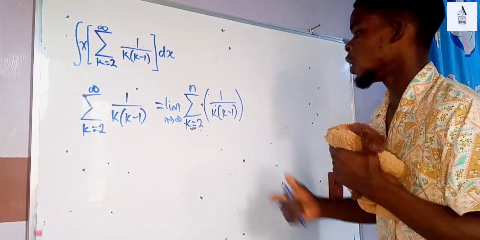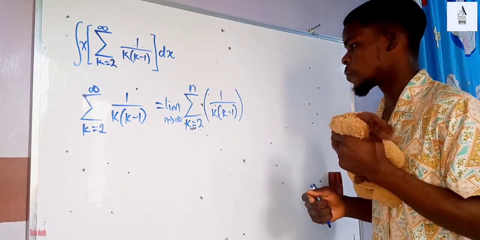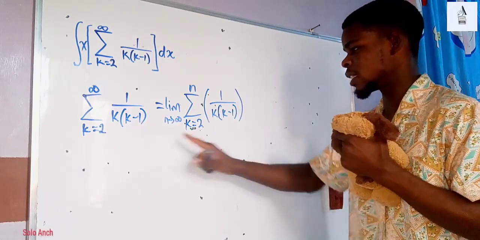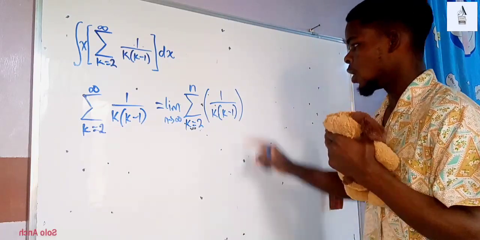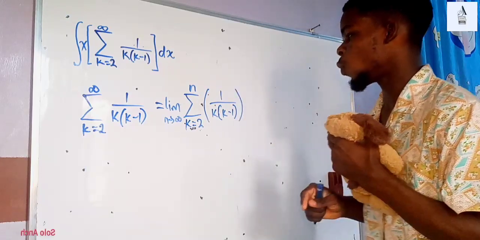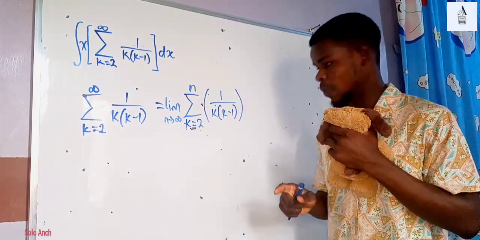All right, great. So given that, what we just have to do right now is to look at this sum, then we later find the limit. The way we take this is this: we would first of all want to resolve this to its partial fractions.